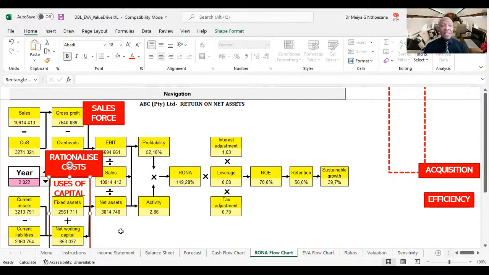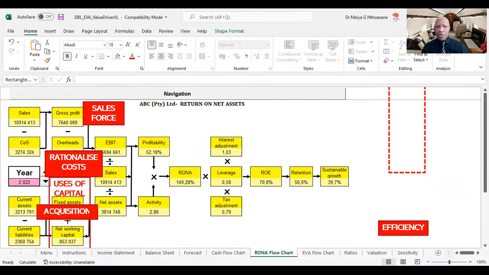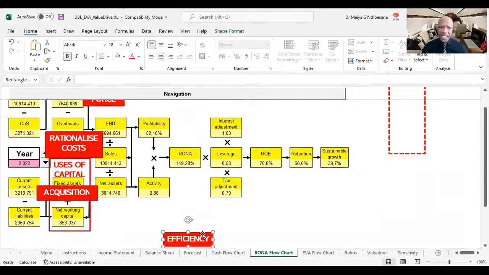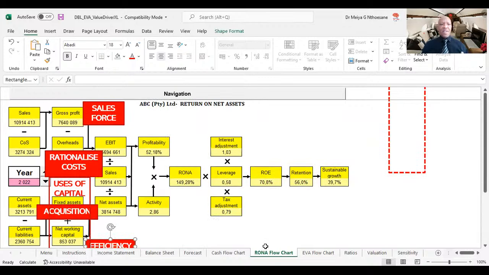We have capital to acquire or build our fixed assets, and to manage our net working capital. So when you look at the uses of capital in the balance sheet, we're looking at our acquisition strategy, which speaks to the fixed assets, and the efficiency, as reflected by the net working capital.